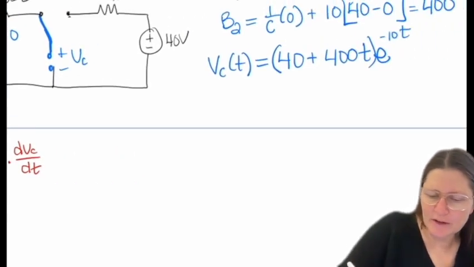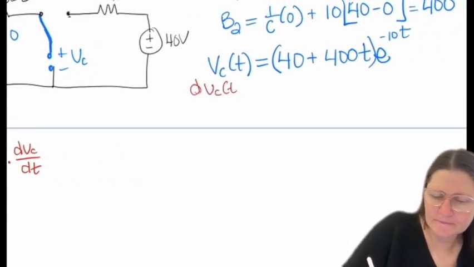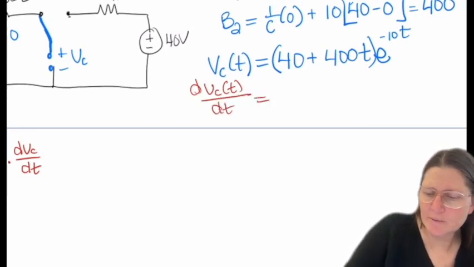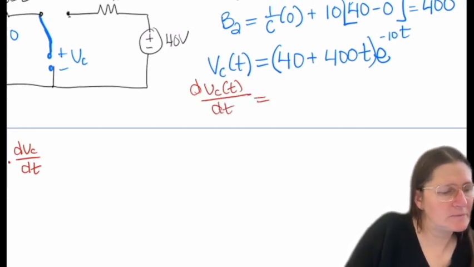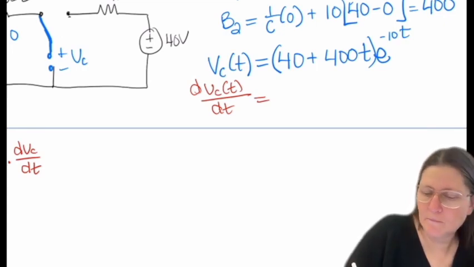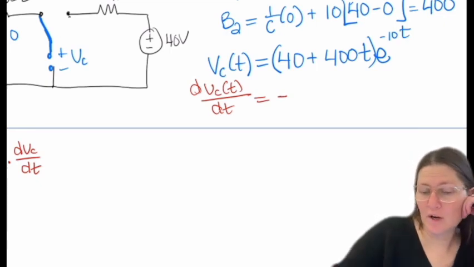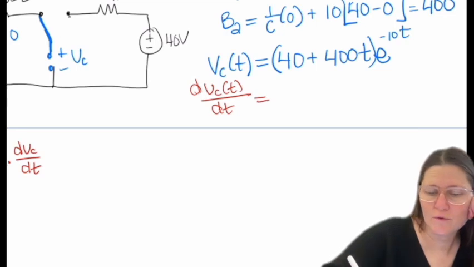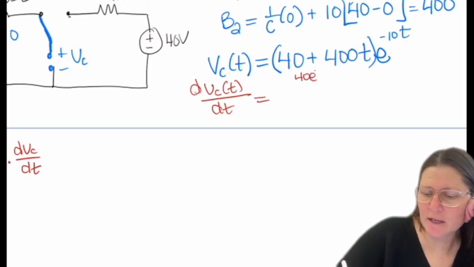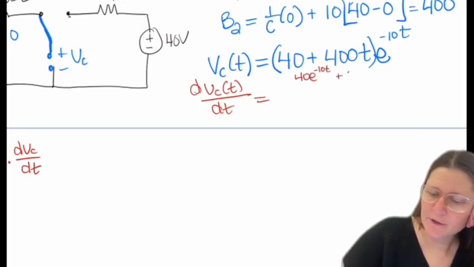So my derivative of this is going to be what? I can rewrite this as 40e to the minus 10t plus 400t e to the minus 10t.